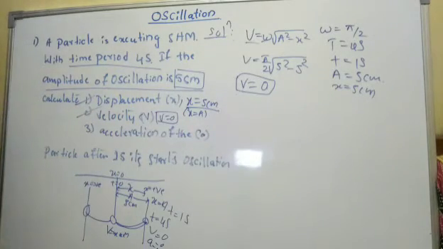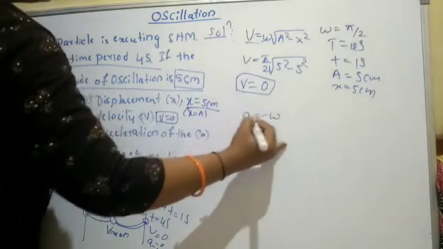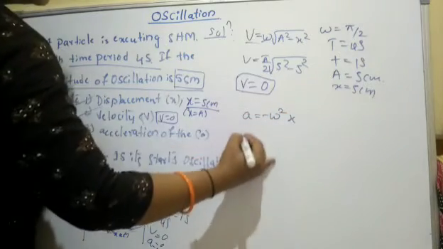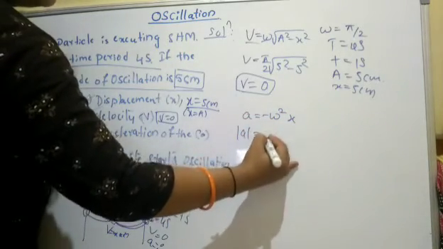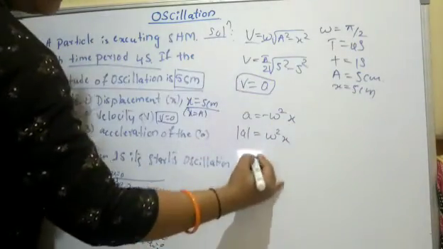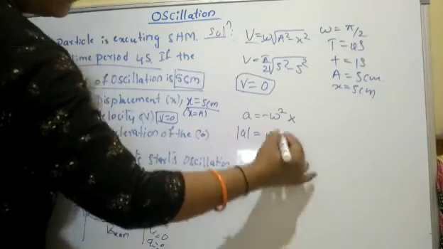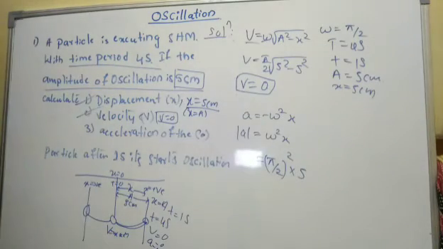So finally we have to calculate the acceleration here. We have the acceleration formula, minus omega square x. If you go ahead with the modulus, we'll get omega square x. So we have omega as pi by 2, so pi by 2 whole square into 5. X is what here?